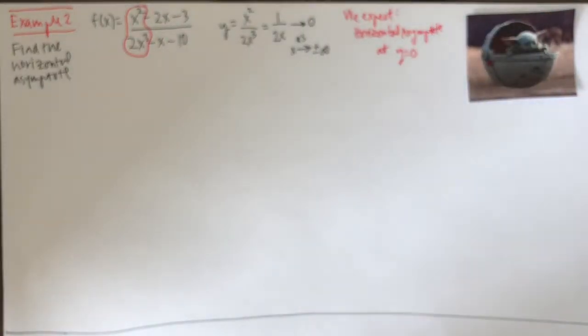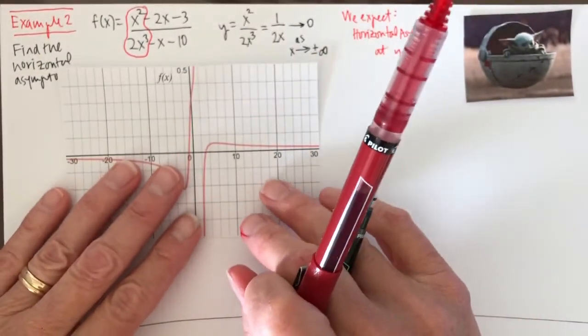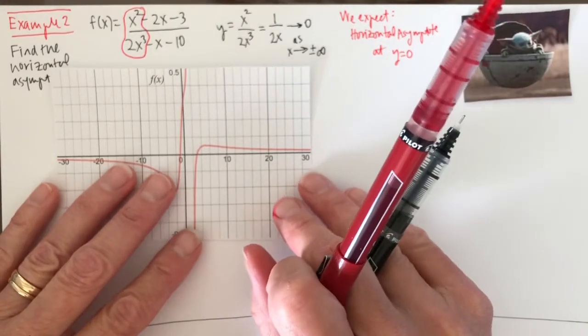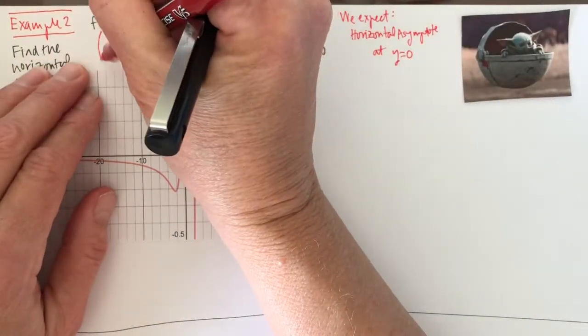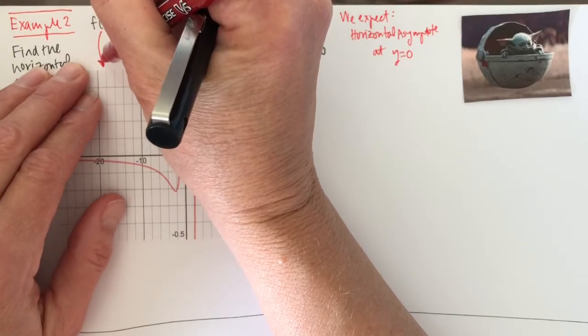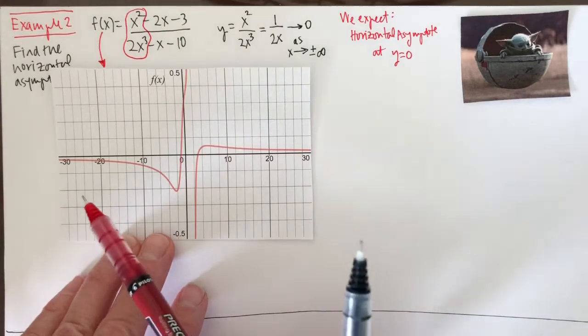So a picture of this function, it's right here. This is the graph of this rational function. And so we look at how it's behaving.